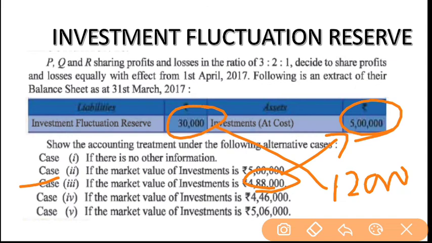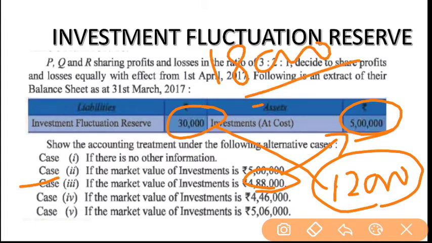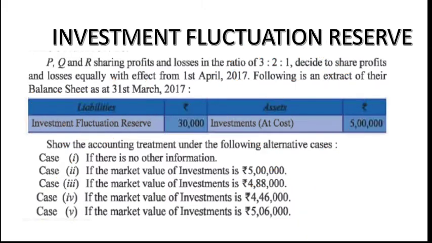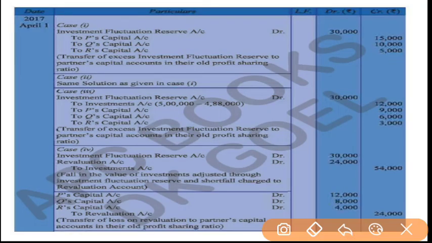So 12,000 will be transferred from investment fluctuation reserve, and the remaining 18,000, that is 30,000 minus 12,000, will be distributed among P, Q and R in their old profit sharing ratio, 3:2:1. Investment fluctuation reserve account will be debited by 30,000, investment 12,000, and the remaining 18,000 distributed as 9,000, 6,000 and 3,000.